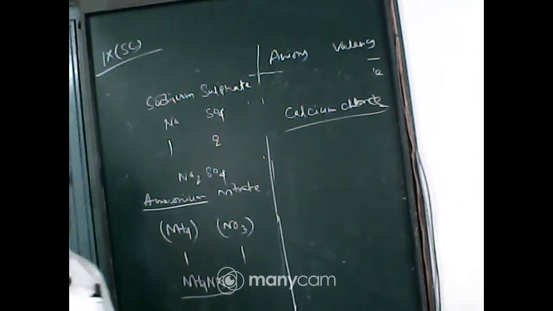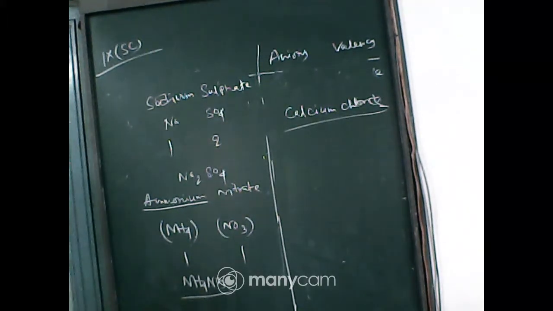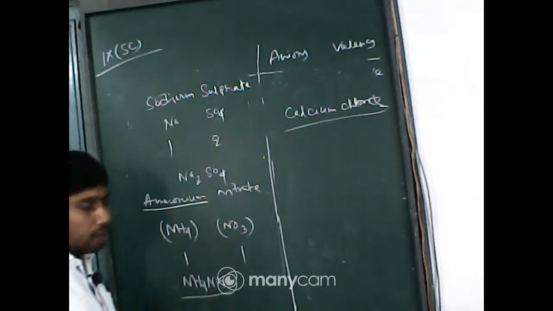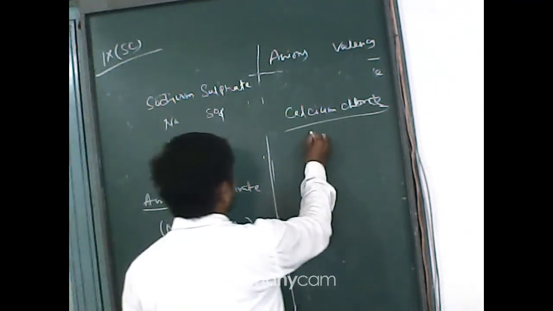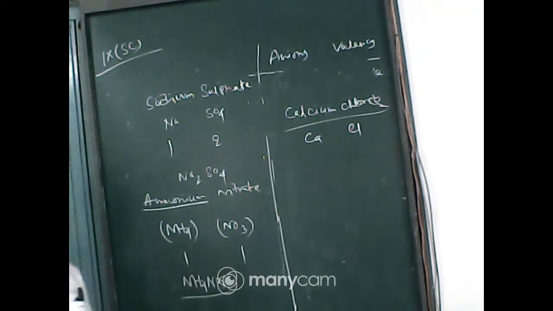Do some simple formulas, then we will move to the difficult one. Calcium chloride, first write down the symbols. Calcium and then chlorine. Yes, now it is correct.